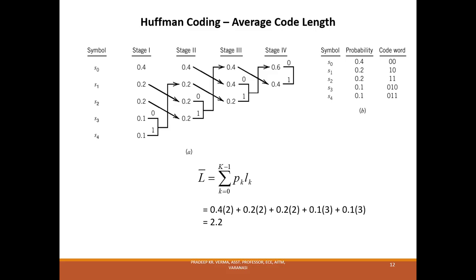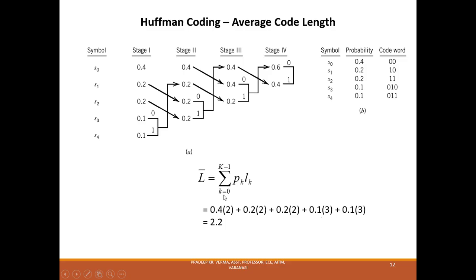Then we need to calculate the average code word length. We can calculate it by the formula as was stated earlier. L bar is equal to summation k equal to 0 to K minus 1 of pk lk, where lk is the length of each code word. So we have calculated this.